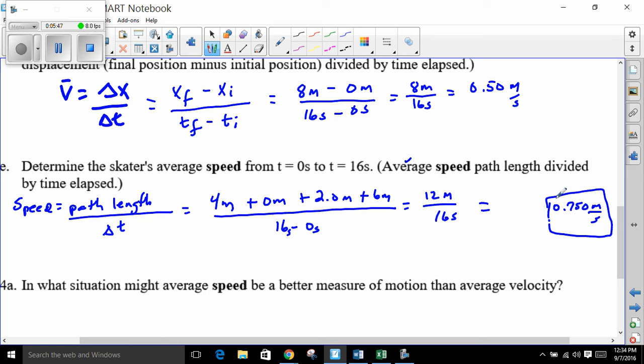Note that the velocity and speed for the same motion are different because we had changes in direction.